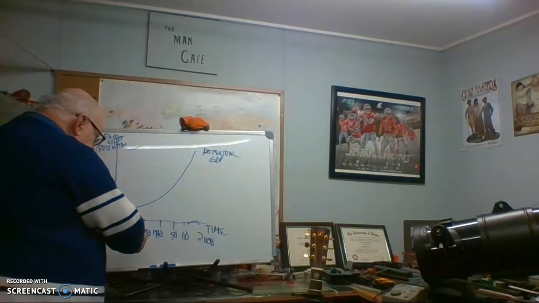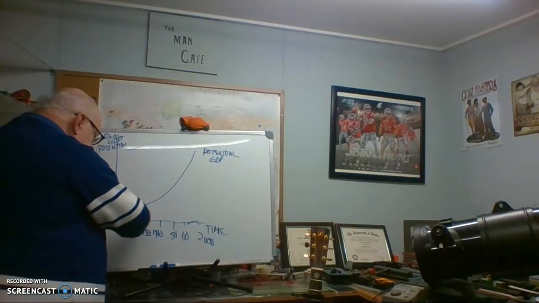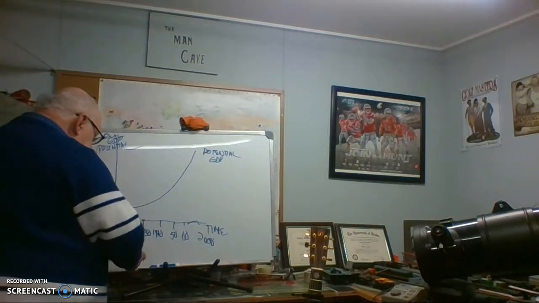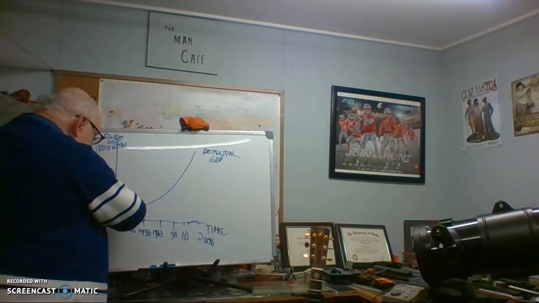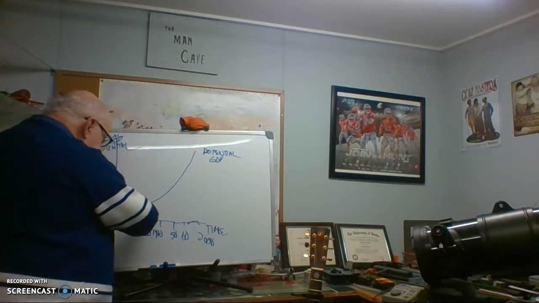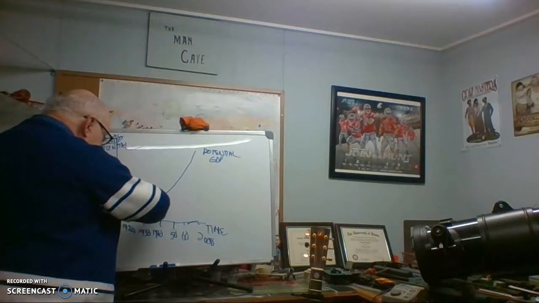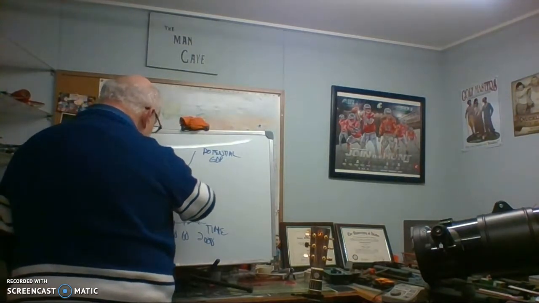Now, how would the Great Depression look here? Say the Great Depression started about this time. We see that in the World War I era, the economy actually grew for a short time more than the potential. And then during the Great Depression, it dipped. It increased during World War II.